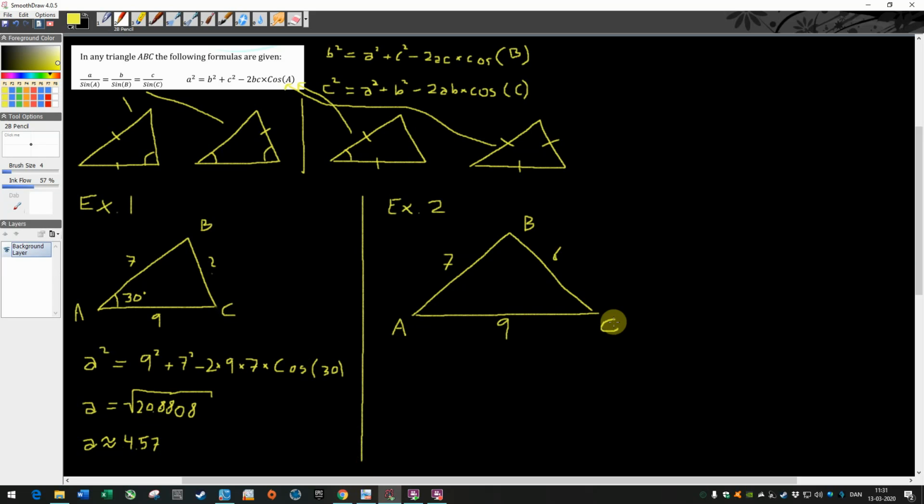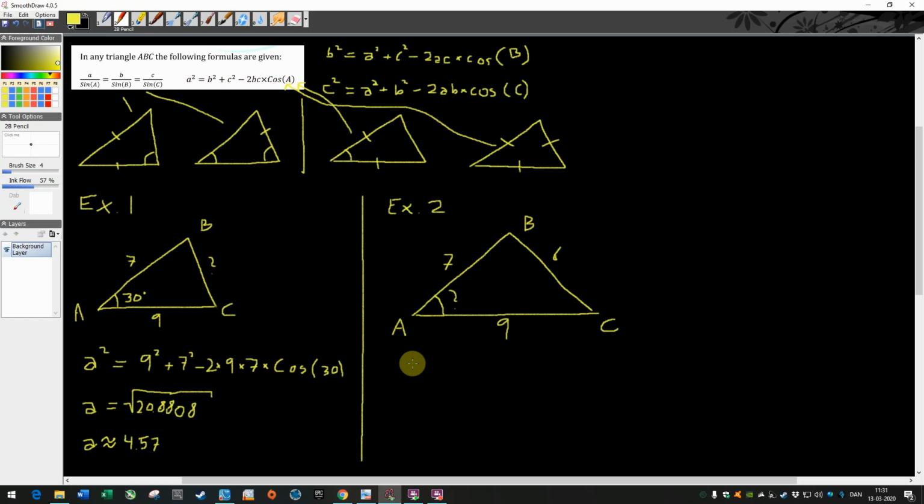In the next example, let's say you want to calculate the angle A. What is angle A? In this case, again, you can see that it looks like a situation we have up here. So you have to use the law of cosines. So just insert into this formula.